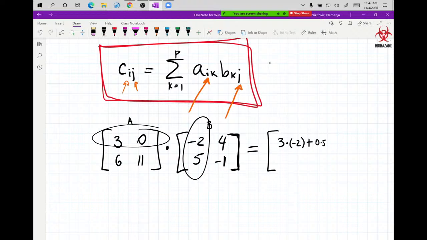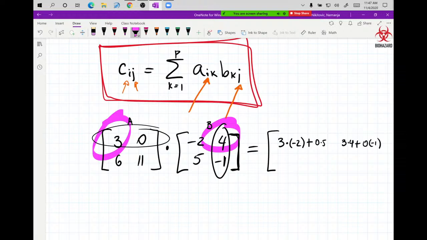Now I'm going to move 1 over. And I'm going to multiply the first row of A with the second column of B. So now I have 1, 2, and the dump location is going to be 1, 2, which means 3 times 4 plus 0 times negative 1. So 3 times 4 and then 0 times negative 1.